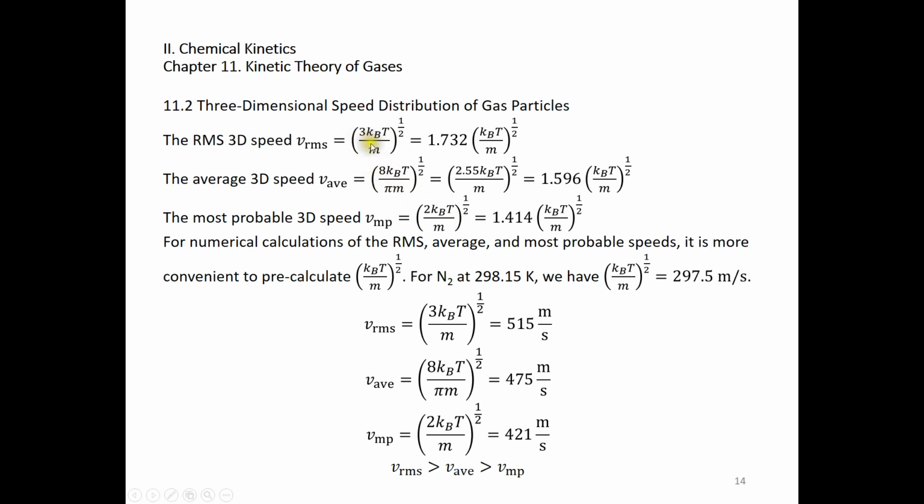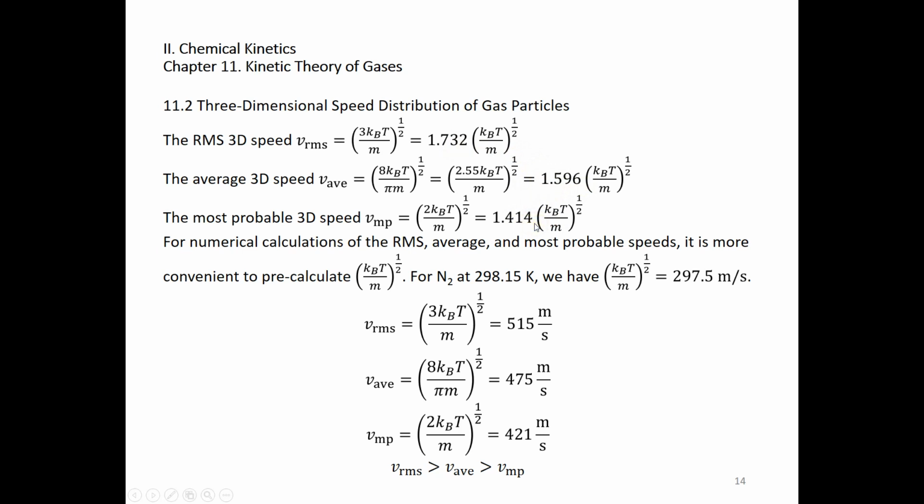You have 3 here, 8 over pi here, and 2 here. The square root of 3 is 1.732, the square root of 8 over pi is 1.596, and the square root of 2 is 1.414, and you can see this is larger than this is larger than this.